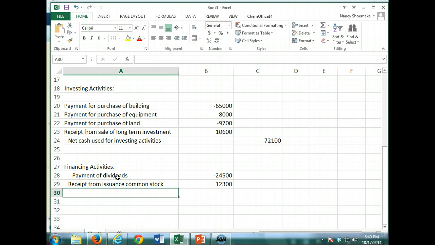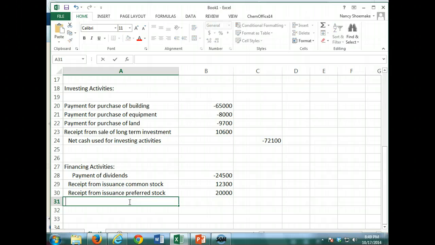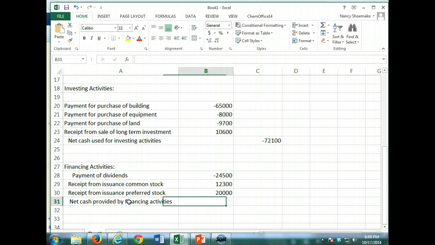How about the preferred stock? That is 20. So this is net cash provided by financing activities, because we got more.